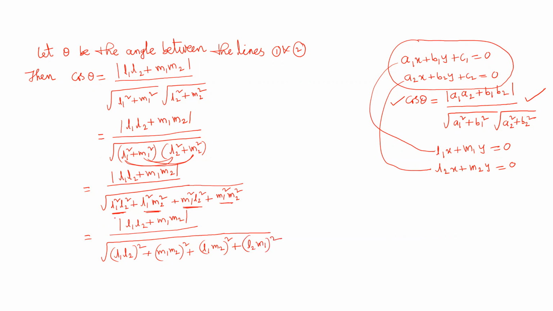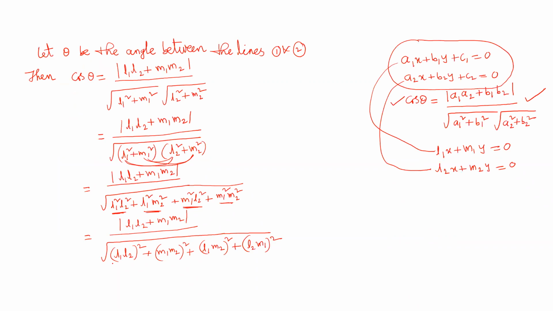Now, next step, numerator as it is, mod of L1 L2 plus M1 M2, denominator: the first two terms are like a square plus b square.